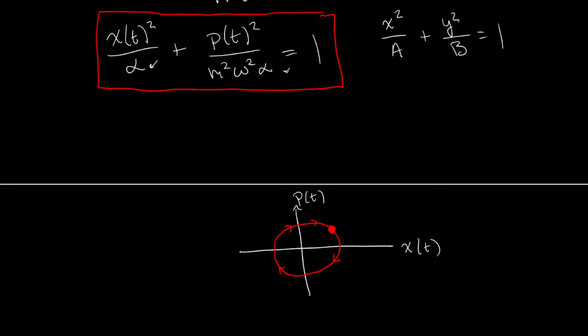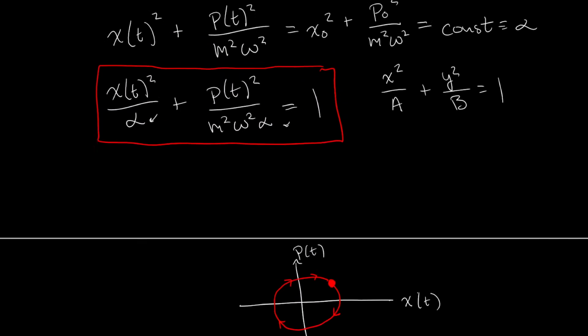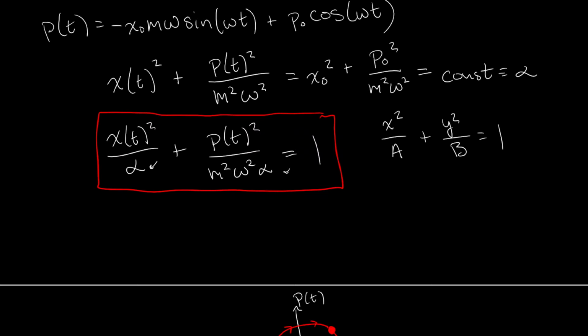But now, what's interesting is that notice that both the semi-major and semi-minor axes are proportional to this same constant. So say I consider a different system with different initial conditions.